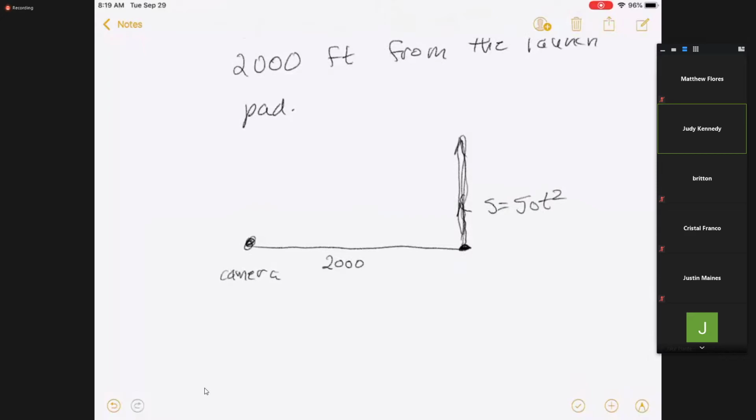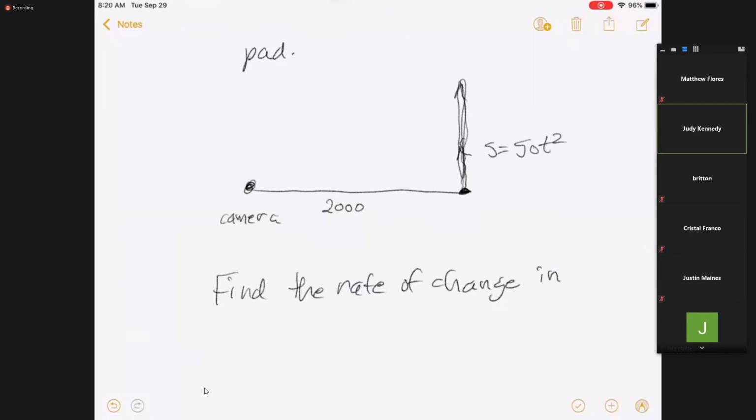Find the rate of change, and rate of change means derivative, in the angle of elevation of the camera.